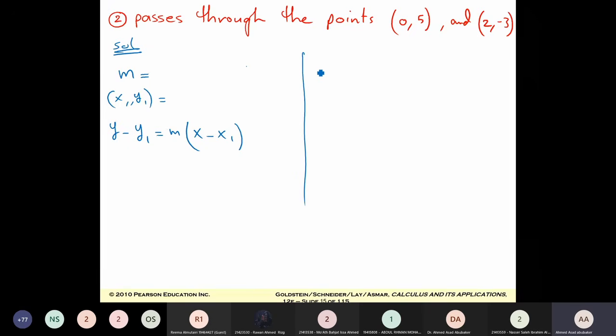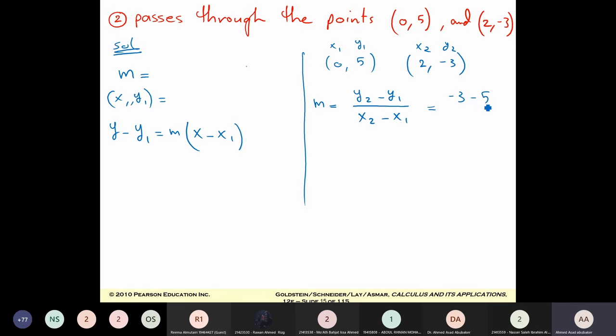Yes, we can find the slope by using the formula m equals (y2 minus y1) over (x2 minus x1), where this is x1, y1 and this is x2, y2. So we have (-3 minus 5) over (2 minus 0).